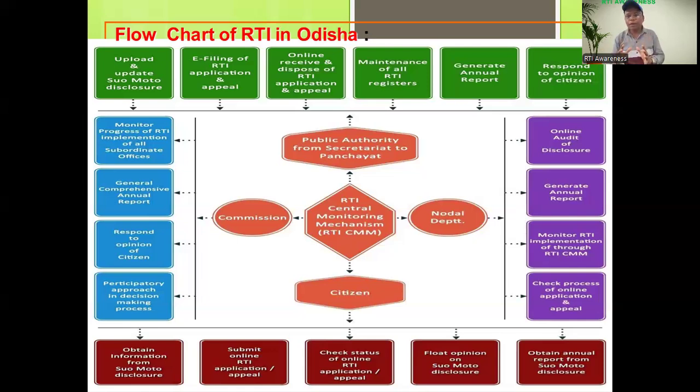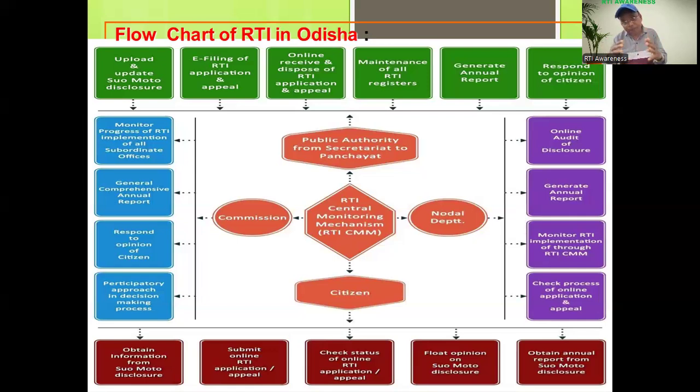Whatever applications we receive physically and comply with, we have to enter into the system in order to auto-generate the RTI registers. We have to receive the online RTI applications and comply with them, and maintain all the RTI registers which are auto-generated by this system.